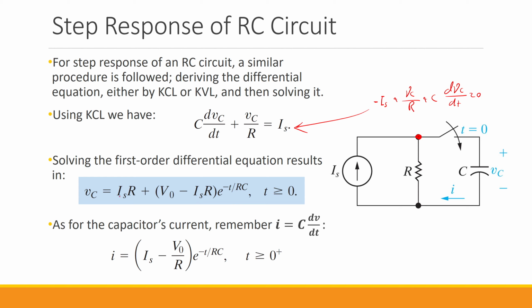VC equals ISR plus (V0 minus ISR) e to the negative t over RC. Remember, this one was the time constant of an RC circuit.